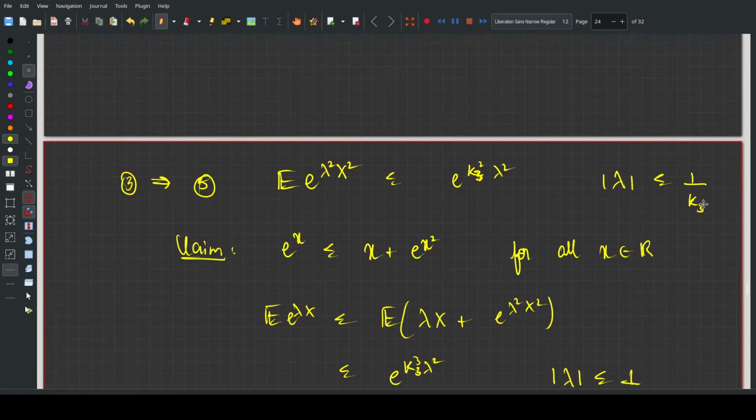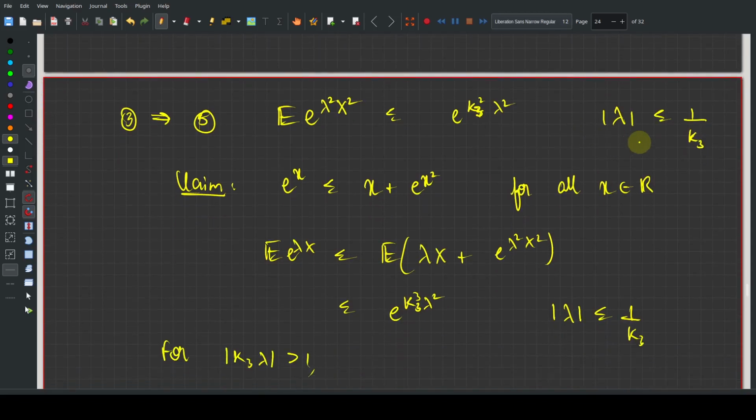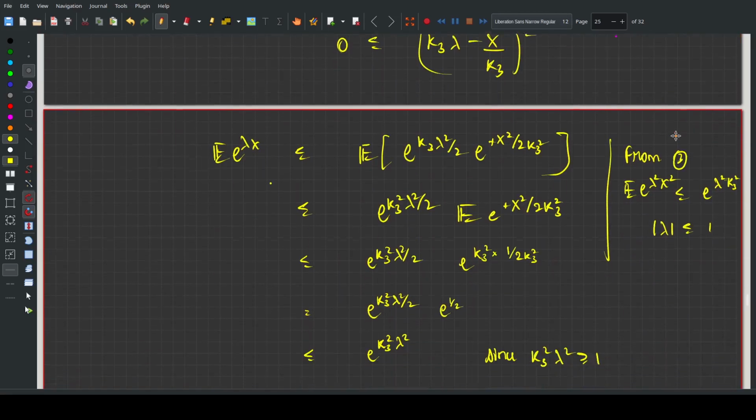So this is what I have: the expected value of e to the lambda square x square is less than or equal to e to the lambda square k3 square for all lambda less than or equal to 1 over k3.